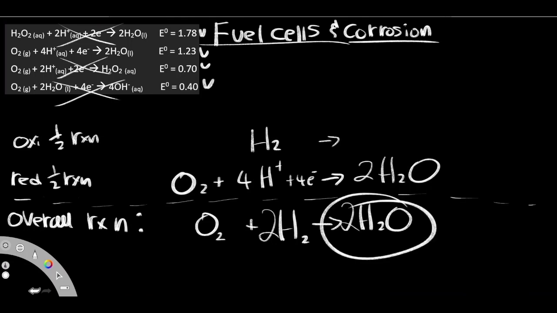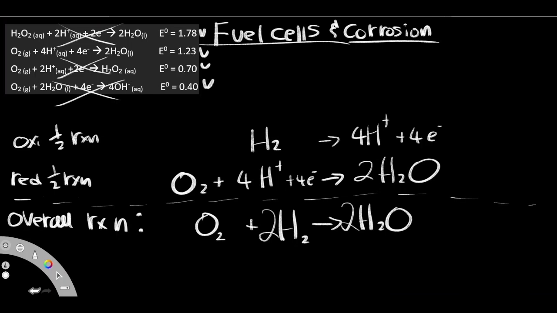Now our H2O down at the overall reaction needs to stay, and that probably came from this reduction half reaction, so this one has to stay as well. So we have to get rid of some things. We have to get rid of this one and this one because they're not down here. So maybe we can put 4 H pluses on this side and 4 electrons also on this side, so that eventually this and this can cancel out.